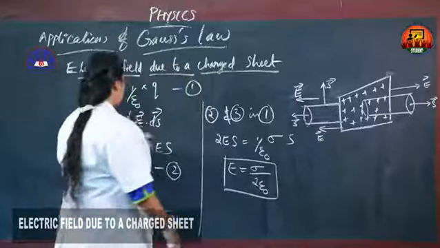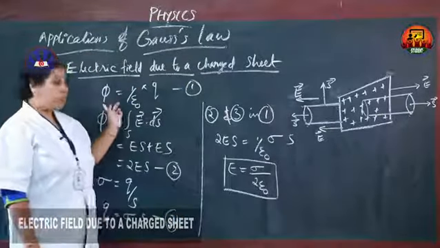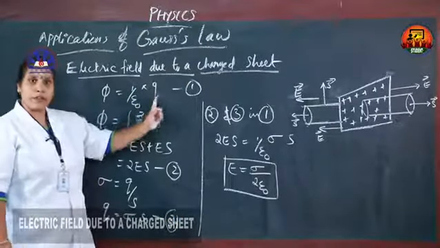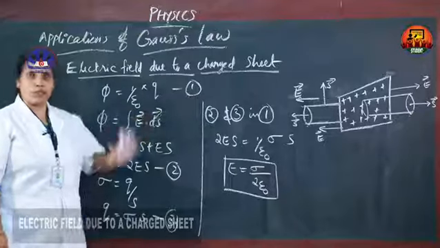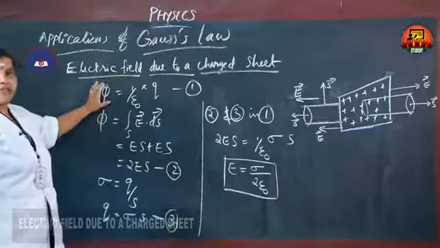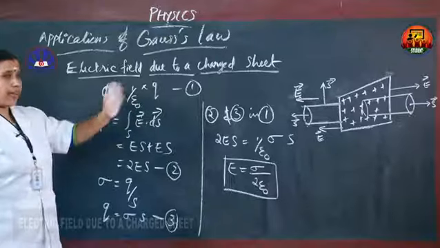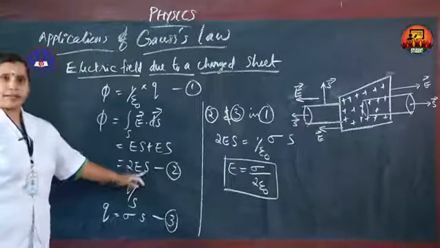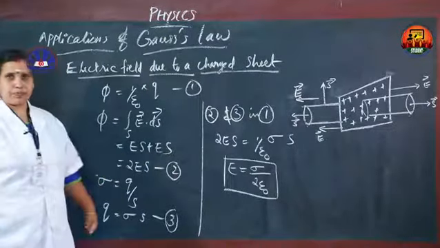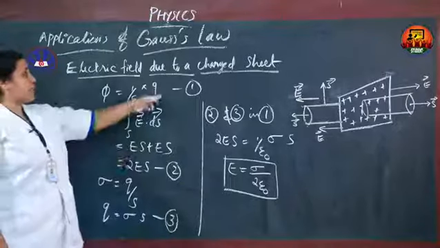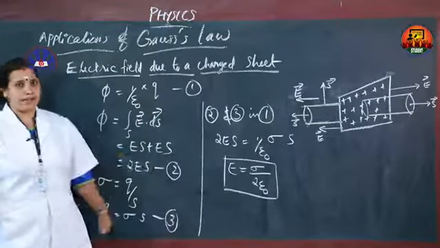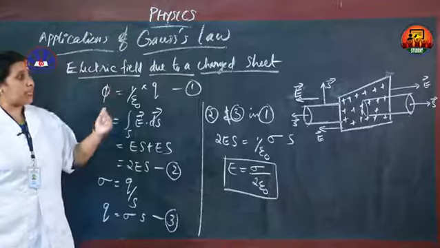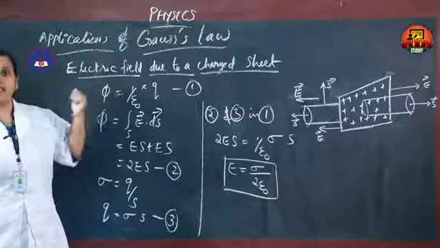Okay. Now coming to the mathematical side, by Gauss' law, phi equals 1 by epsilon 0 into Q, mark the equation as 1. Now LHS, we are calculating the flux first. Already I explained that flux is twice ES, equation 2. Okay. Now we have to find the charge Q in the RHS. Now here we know that the charged system is a charged wire.